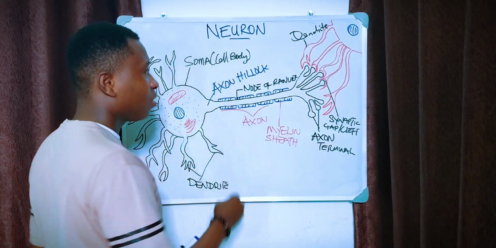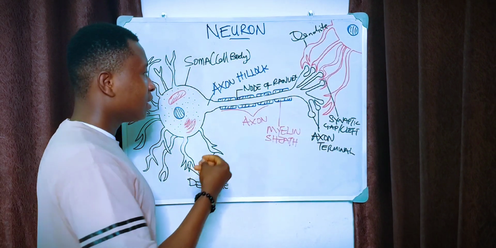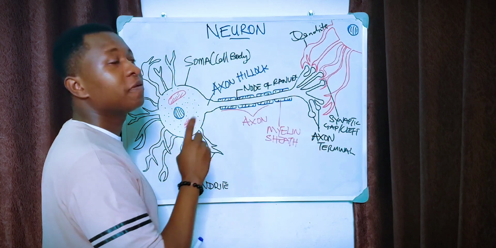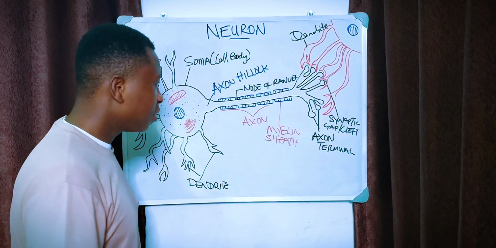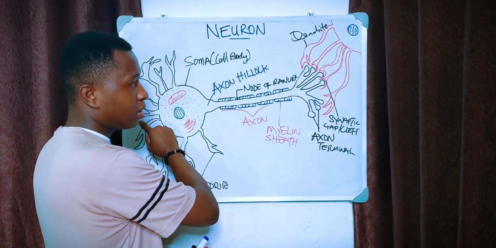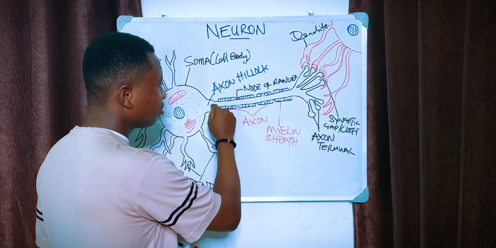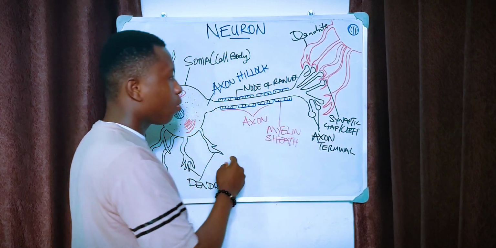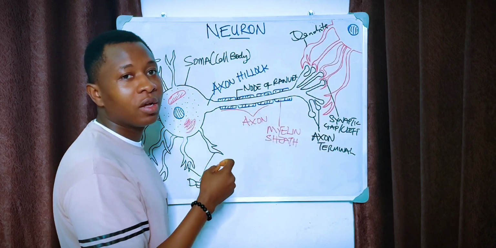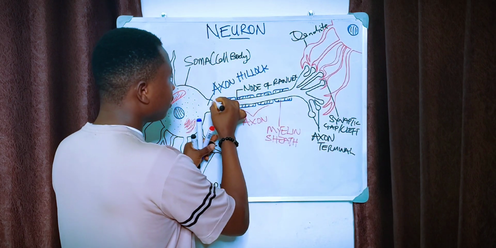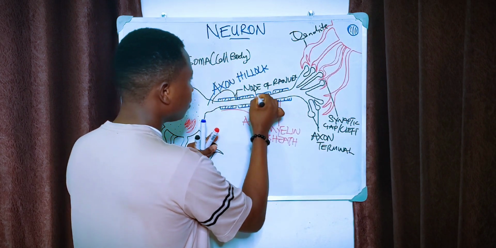Now, it's also important because it makes the passing of signal faster. So in most cases, instead of the impulses going straight, they go in an oscillatory motion where they just jump from one node of Ranvier to the other. So you have things like this, from here to here to here.